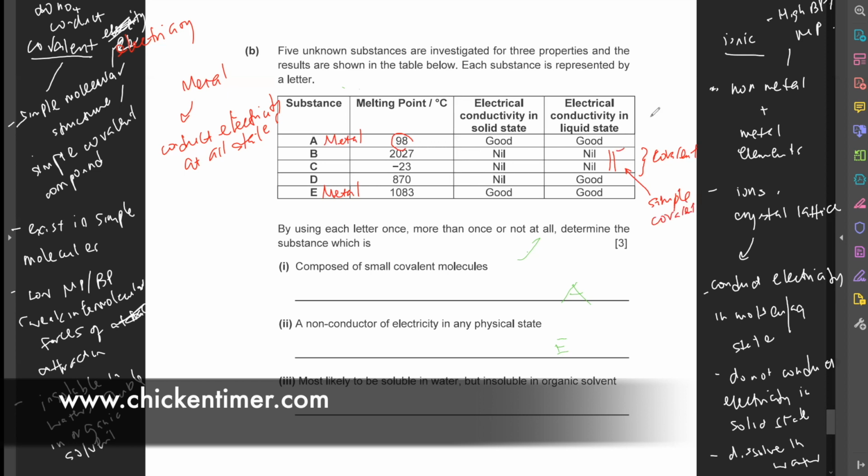Then the big one here is not the simple one, it's the macromolecule that you don't learn. Don't learn doesn't mean they cannot put it there. They can put it there and you use elimination to eliminate it. That's why it's there. Okay, D is one good conductor and one poor conductor. Then it has high melting point. So this is ionic.